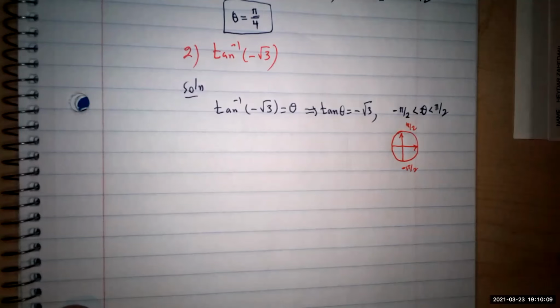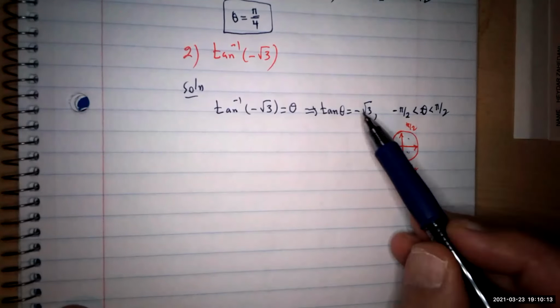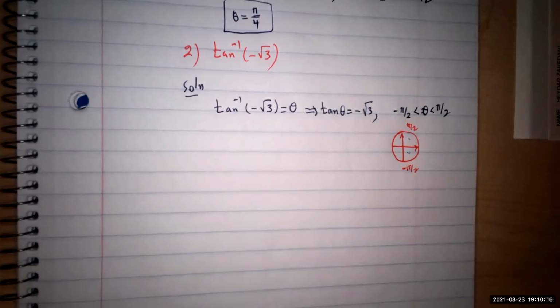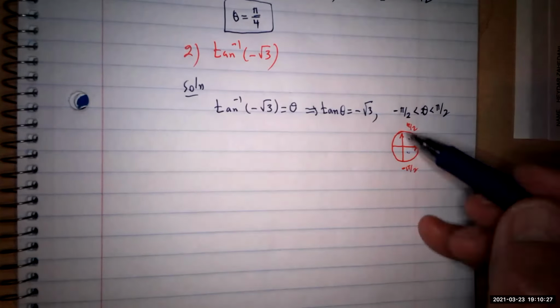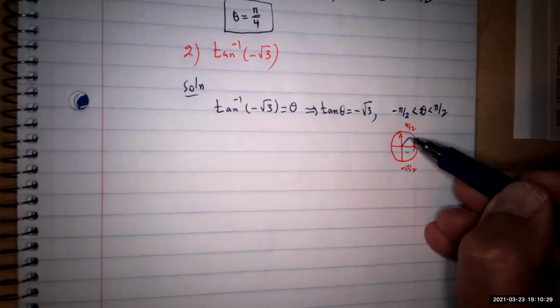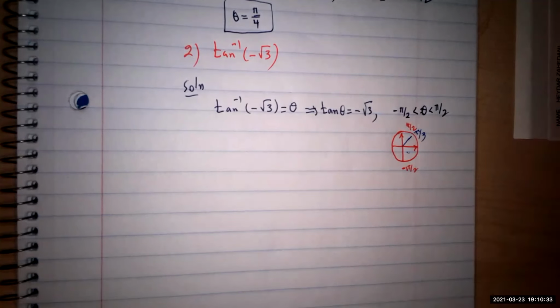So you have to pick something in this interval. Now, the radical 3 for the positive one is the tangent of 60 degrees. So it's going to be the tangent of 60 degrees, which is here. You see, this is the tangent of 60 degrees for the positive one.